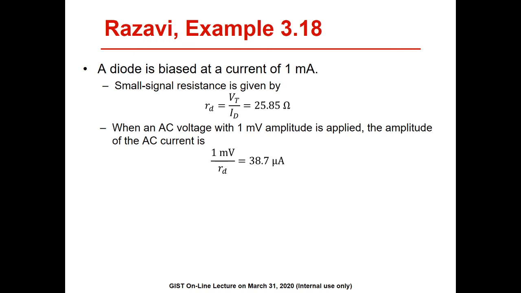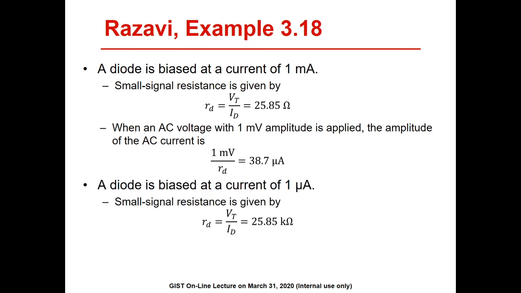In the last slide of part 2, an example from Razavi's textbook is shown. When the DC current is 1 milliampere, the small signal resistance is about 26 ohm. When 1 millivolt is further applied, the additional current would be 38.7 microampere.